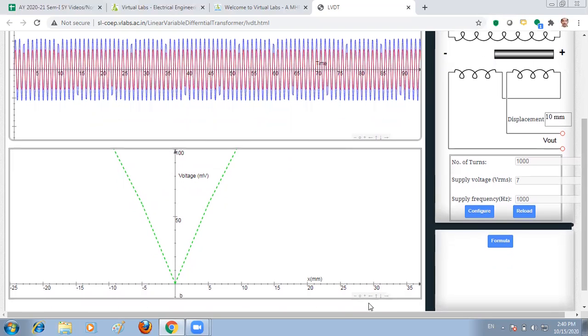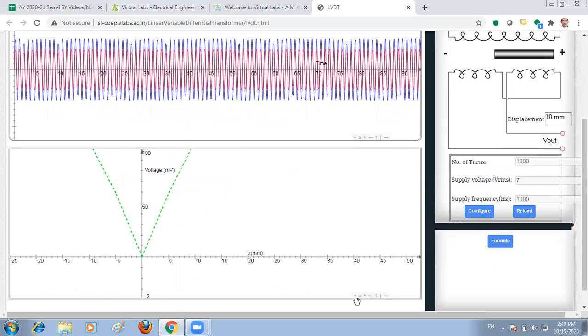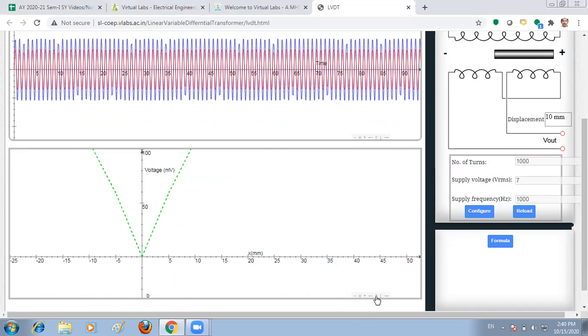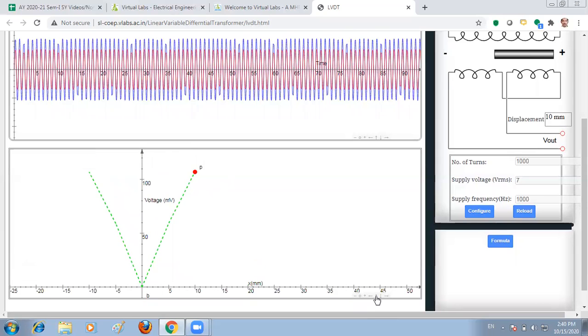To see this graph, if I point at that red point, I see that it indicates 10 millimeter displacement and the output voltage is 107 millivolts.